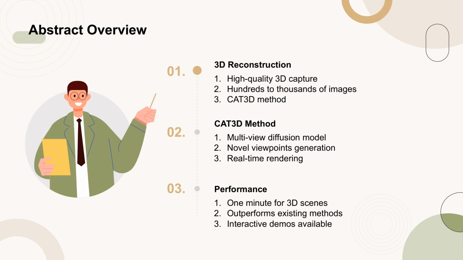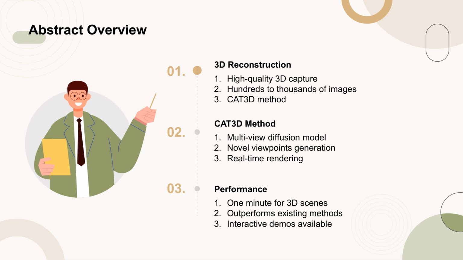The abstract introduces CAT3D, a novel method for 3D reconstruction that simulates the real-world capture process using a multiview diffusion model. Unlike traditional methods that require hundreds to thousands of images, CAT3D can generate highly consistent novel views of a scene given any number of input images and target viewpoints.